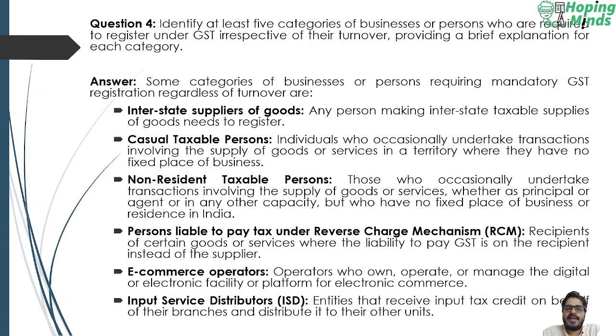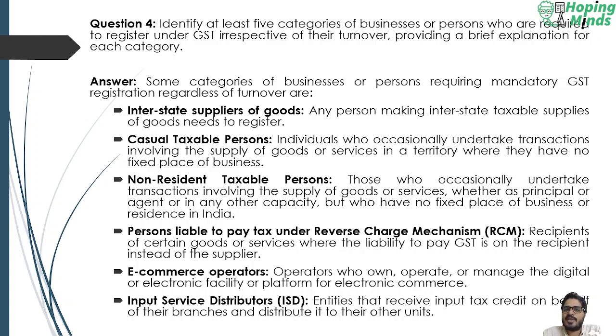Then non-resident taxable person, we call it NRTP. Those who occasionally undertake transactions involving the supply of goods or services, whether as principal or agent or in any other capacity, but who have no fixed place of business or residence in India, are also required to get enrolled irrespective of their turnovers achieved. Then persons liable to pay tax under the reverse charge mechanism.